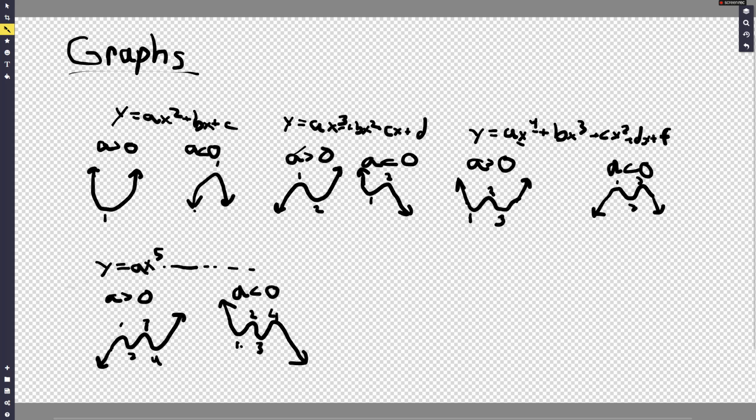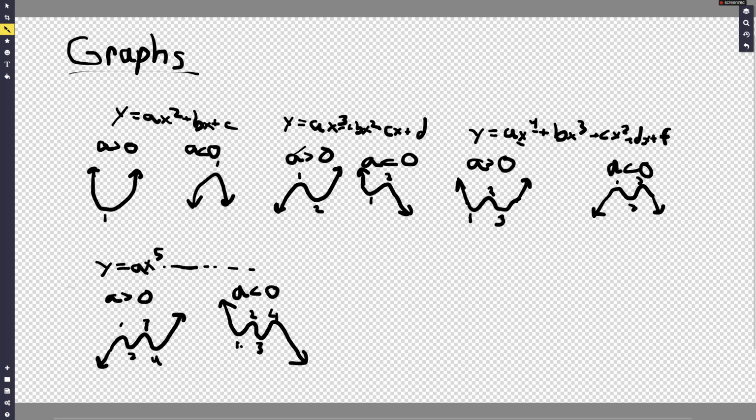So based off this, what we can conclude is that when the polynomial is to an even degree, both ends are going to be going to the same infinity. When a is positive, it's going to be approaching positive infinity, and when a is negative, it's going to be approaching negative infinity, as we can see with the x squared and the x to the 4th, just with a few more humps in the way.